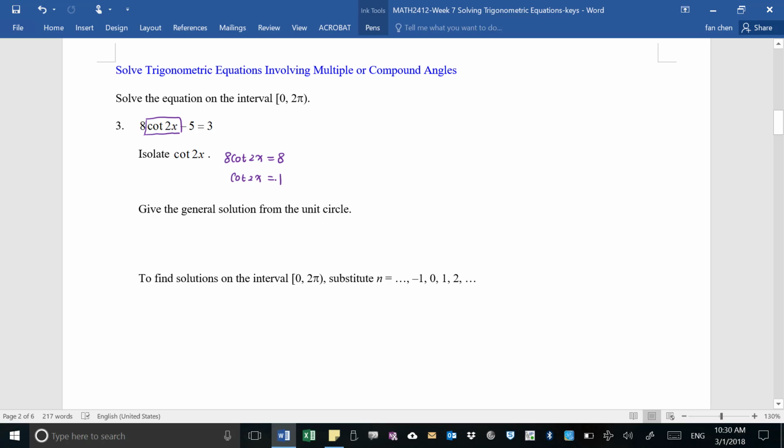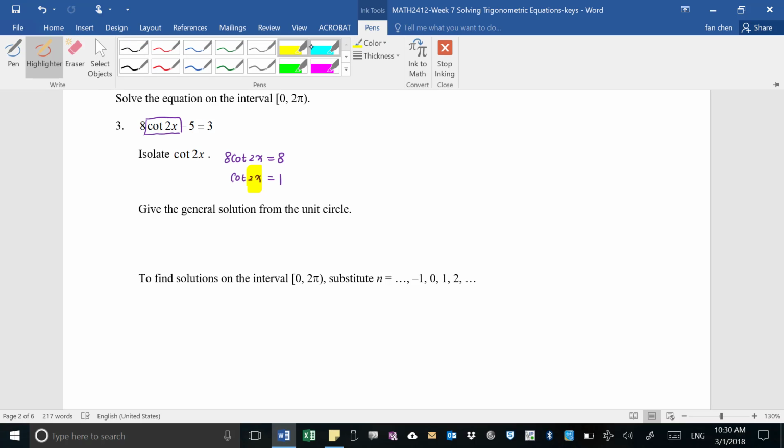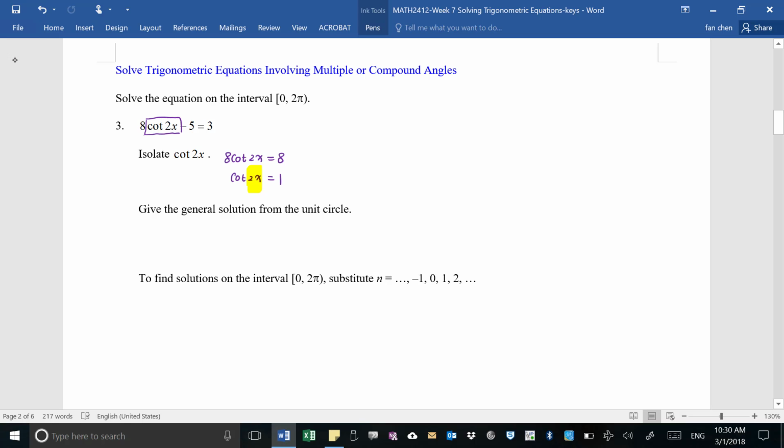In this case, I would like you to not worry about the 2x here. Just think about cotangent: cotangent of what angle is equal to 1? That's why I asked you to find the general solution from the unit circle. And I know that cotangent pi/4 is equal to 1.